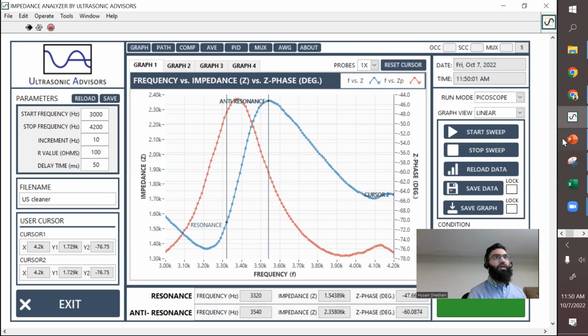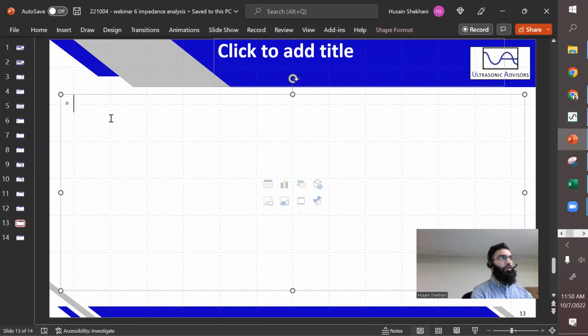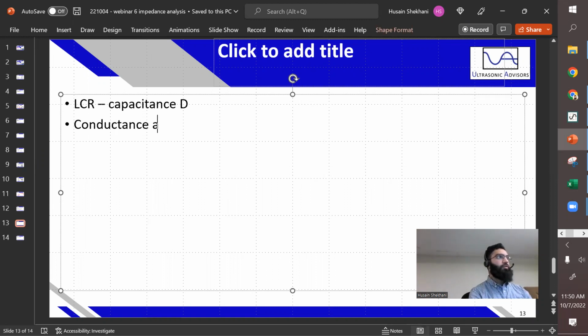A couple of the things I was also going to share, but I think there's not enough time today, is the importance of LCR meter measurements. That is very important for capacitance and dielectric loss. That's something that's often overlooked. But today we mainly went over using the real part, basically conductance and resistance.